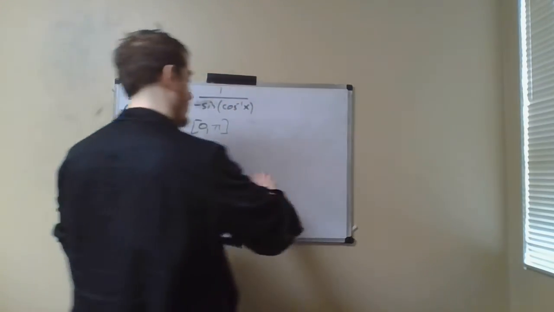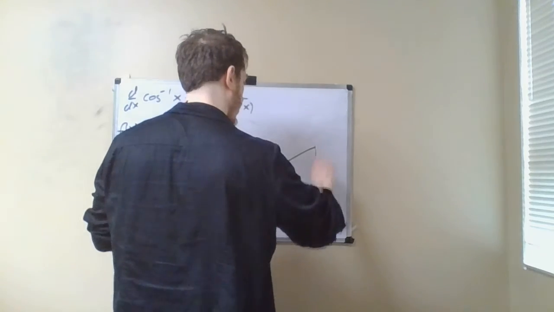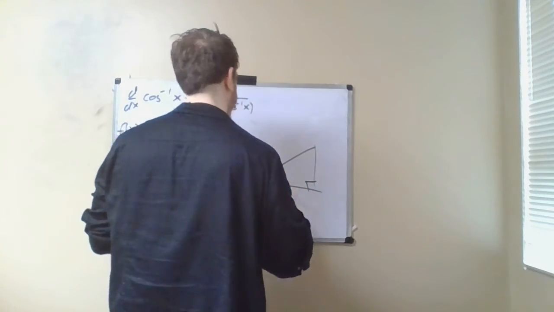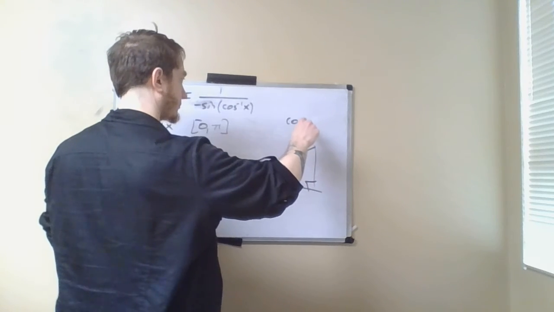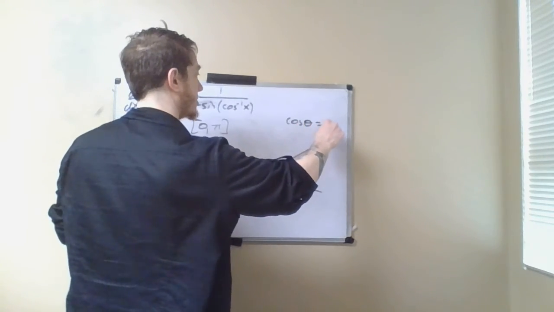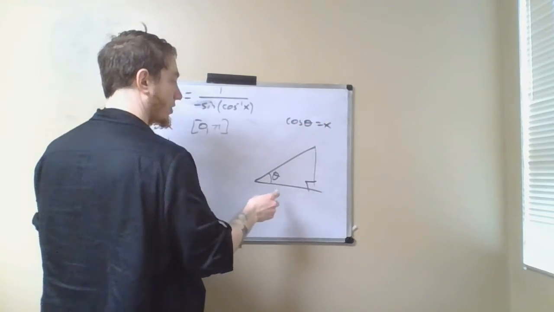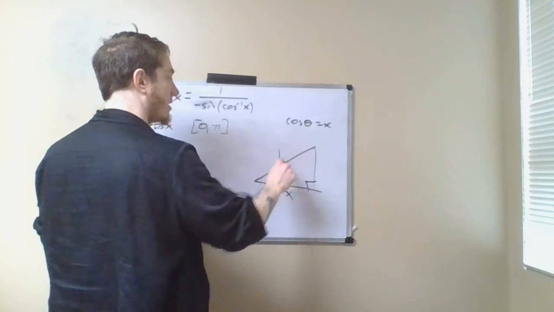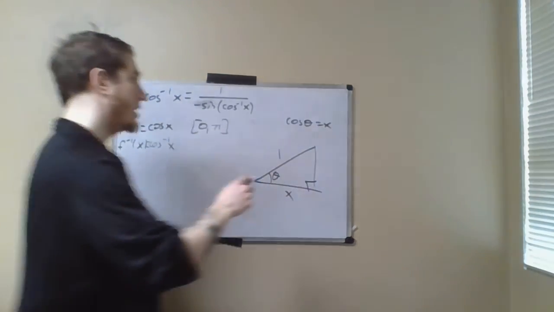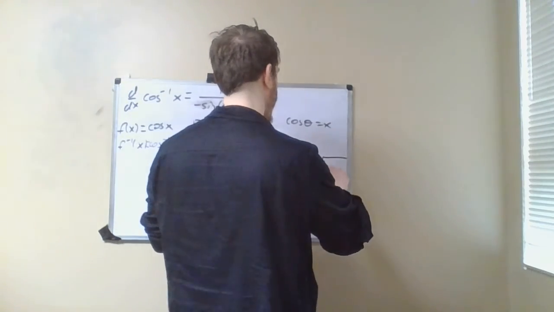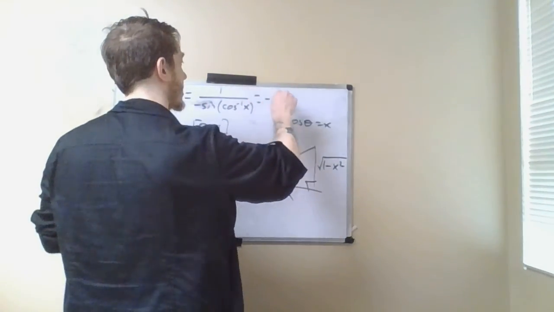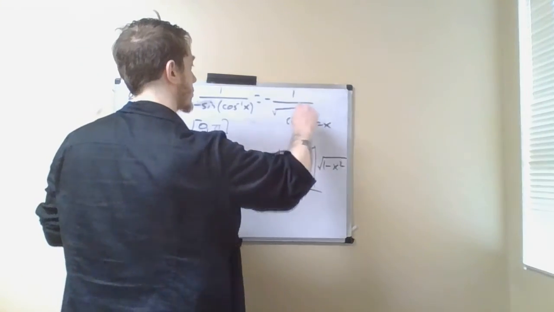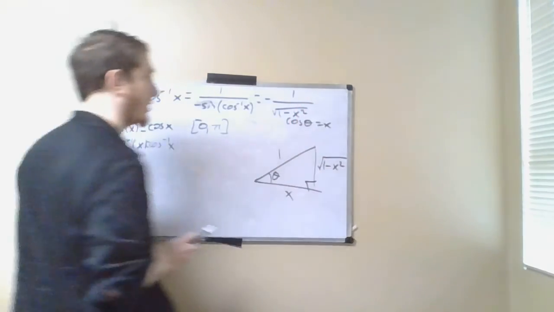But now what I can do is set up a triangle here where my angle theta has cosine theta equal to x. Well, the cosine is adjacent over hypotenuse, so I put an x and a 1. That makes this side into square root of 1 minus x squared. So this is actually negative 1 over square root 1 minus x squared.